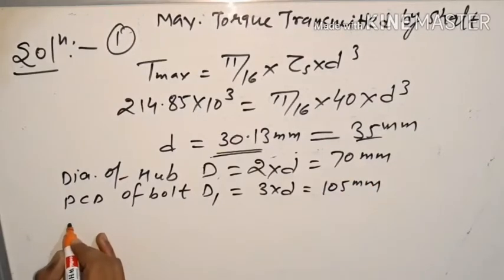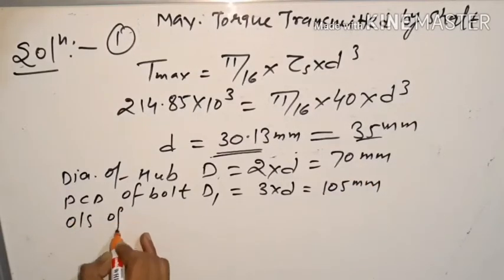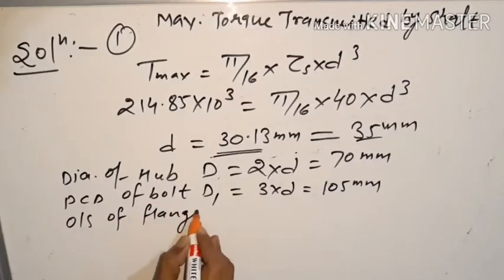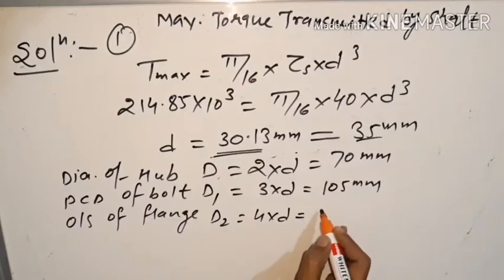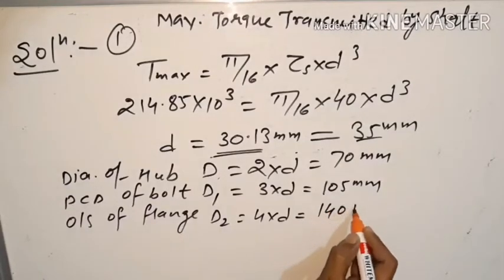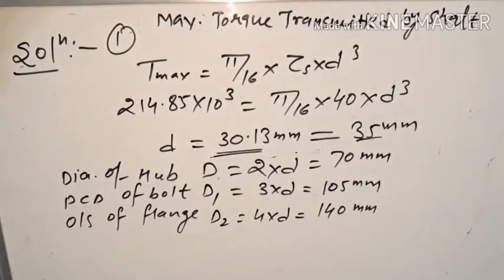And the outside diameter of the flange, d2, is equal to 4 into d, that is about 140 mm. So these are all the diameters.